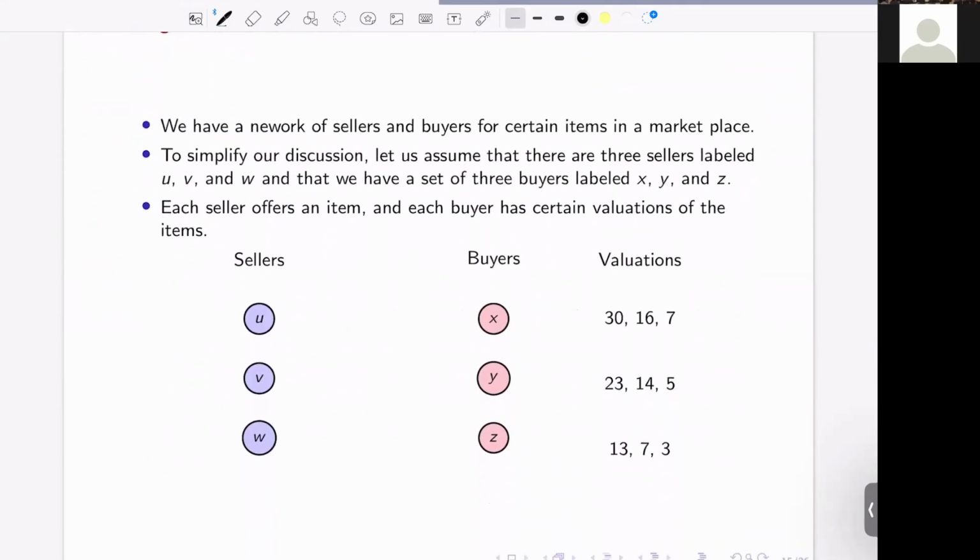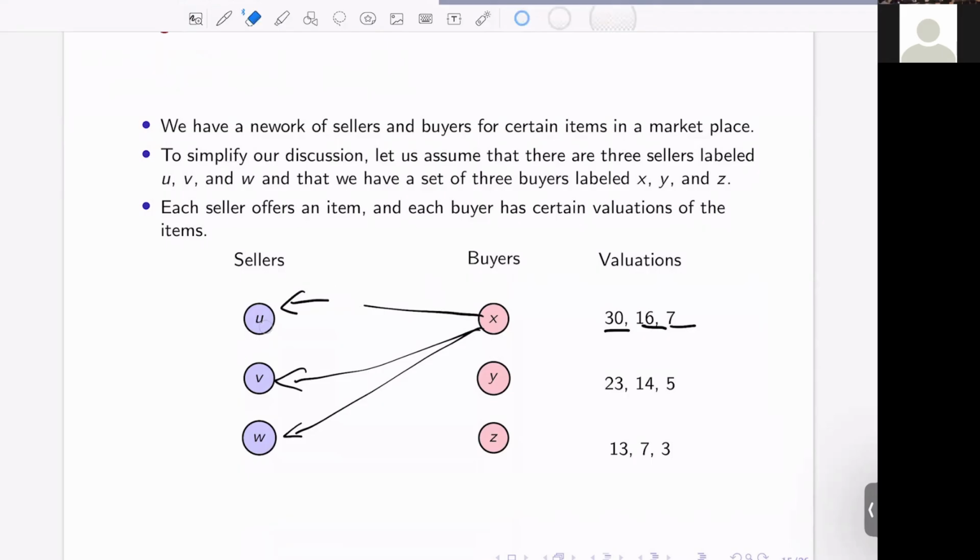So I have items U, V, W, and I have buyers X, Y, Z. And 30 is the valuation of X for item U. And 16 is the value of V to X. And 7 is the value of W to X.